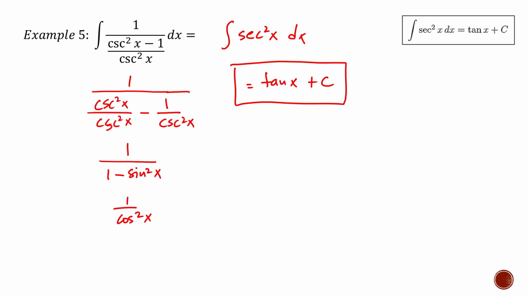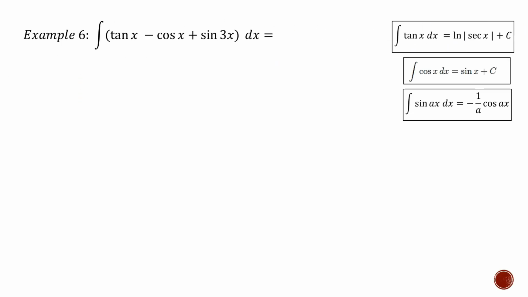All right, let's go to example number 6 now. So tangent x minus cosine x plus sine 3x. This is straightforward. We have the three formulas that we will be using here. So the first is tangent. That's ln of secant x, right?